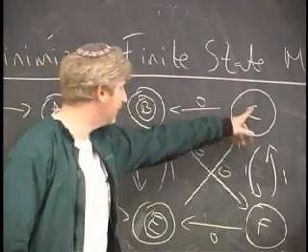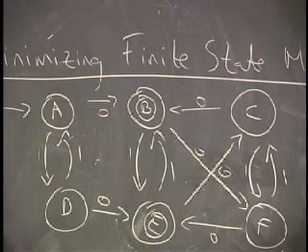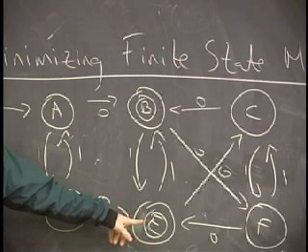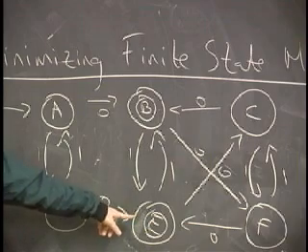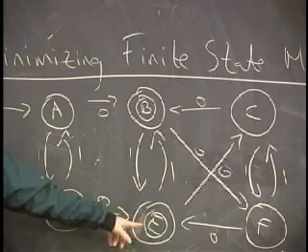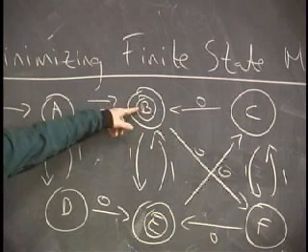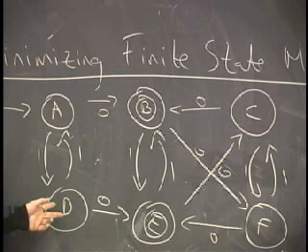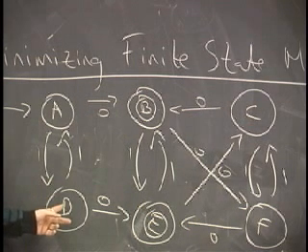Let's say C and D. From D, we're going to move into here on a 0, and we would accept that string. From C, we're going to move into here on a 0, and we would accept that string. What if that held for longer strings?